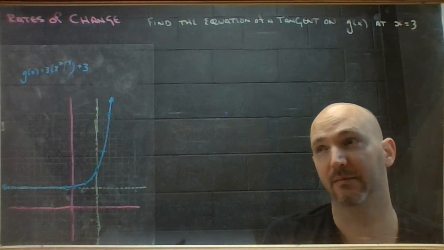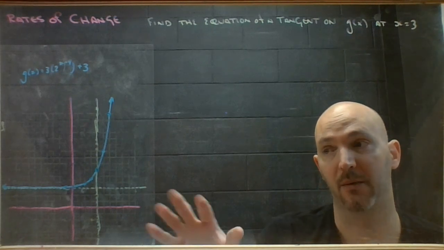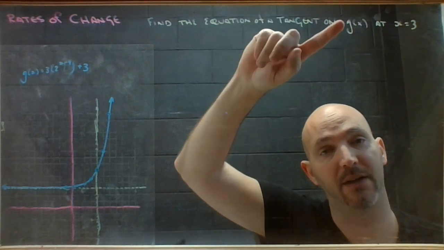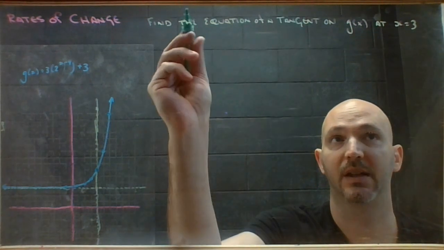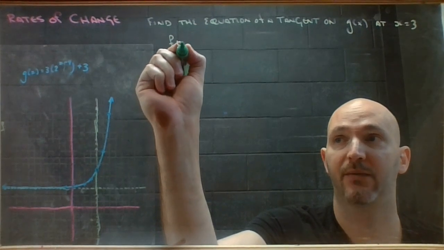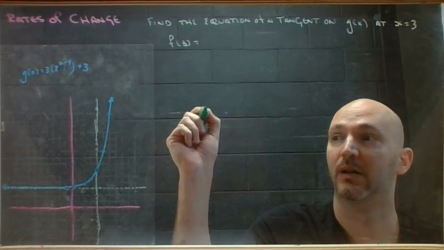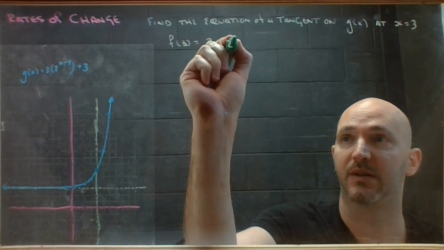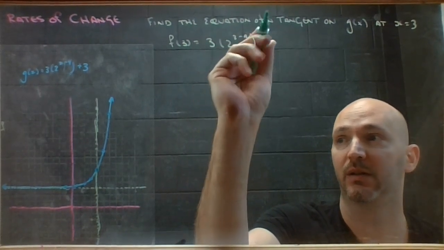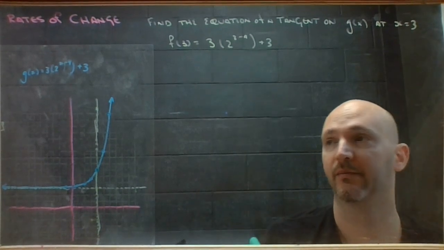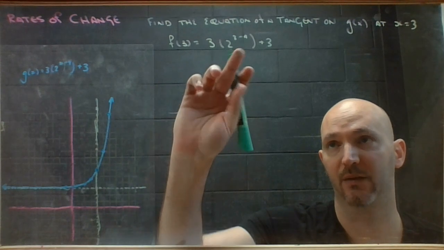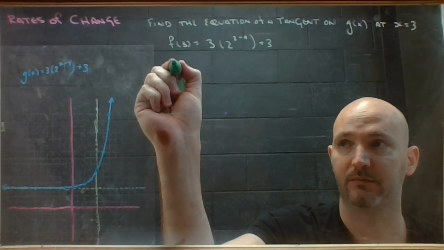So the first thing I'm going to need when I'm going to draw a tangent is where actually this is on the y value. So first thing, I need to get f at 3. So my equation was 3 times 2 to the 3 minus 4 plus 3, and that's just the equation of my function with the 3 filled in.